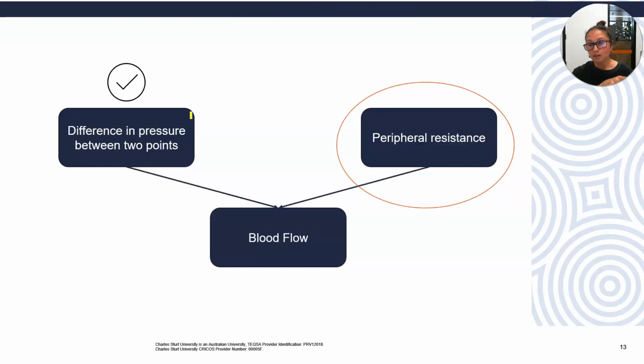The difference in pressure between 2 points is all about what the blood is doing. Peripheral resistance is all about the blood vessel, what impact it has on blood flow. So this is the impact of the blood itself, and this is the impact of the blood vessel. And they all work together to create blood flow.